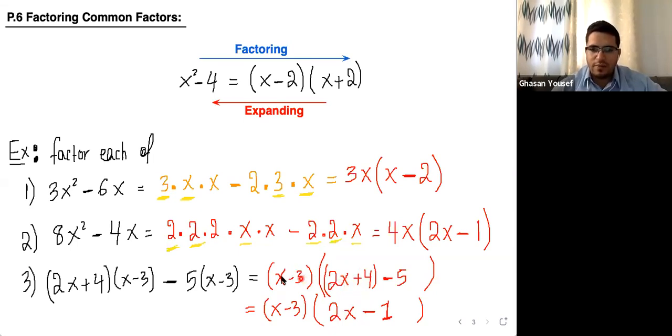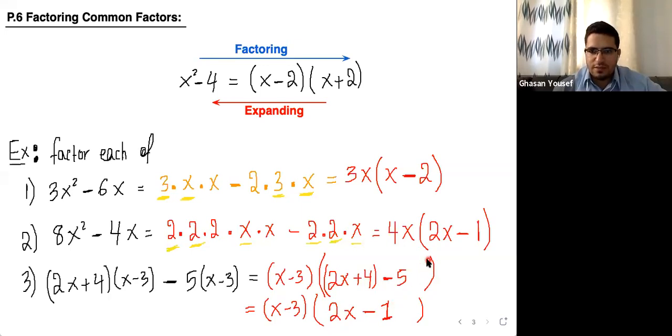No, I did not expand it. Here I have 2x plus 4 minus 5. I just do the calculation between the 4 and the minus 5. So I get 2x minus 1, because 4 minus 5 gives me minus 1.